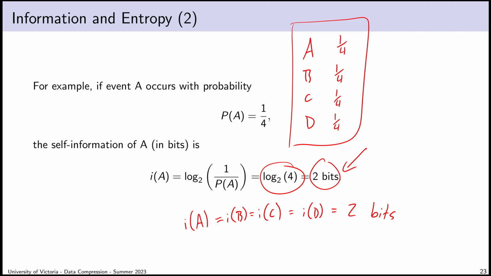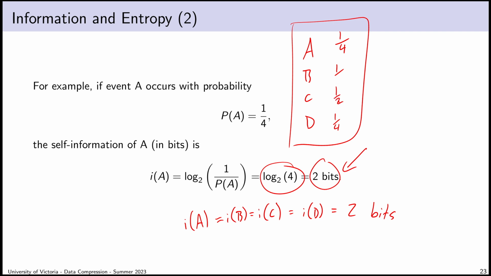The issue is, what if we have a situation where some things are more likely than others? It's true that 4 equally likely things, if they're valued fairly, should all be represented in the same number of bits, because each one is equally likely. But what if there are cases where certain things are more likely than others? So we'll leave A at 1 over 4, but what if C could occur with probability 1/2?